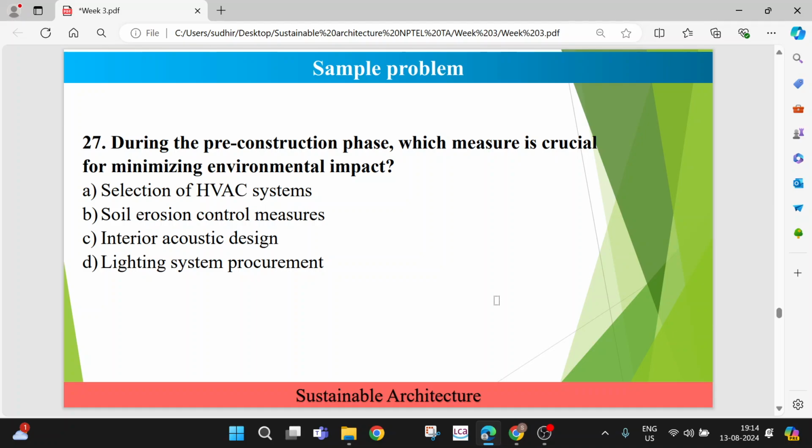So one more thing I want to add. Since we have started with the beginning of the lectures, week 1, week 2, week 3, now we are moving towards the main objective of the course, that is sustainable architecture.